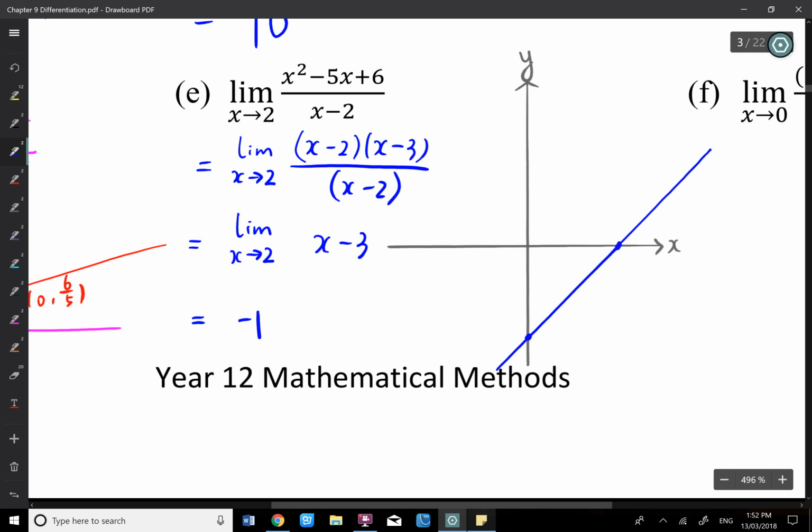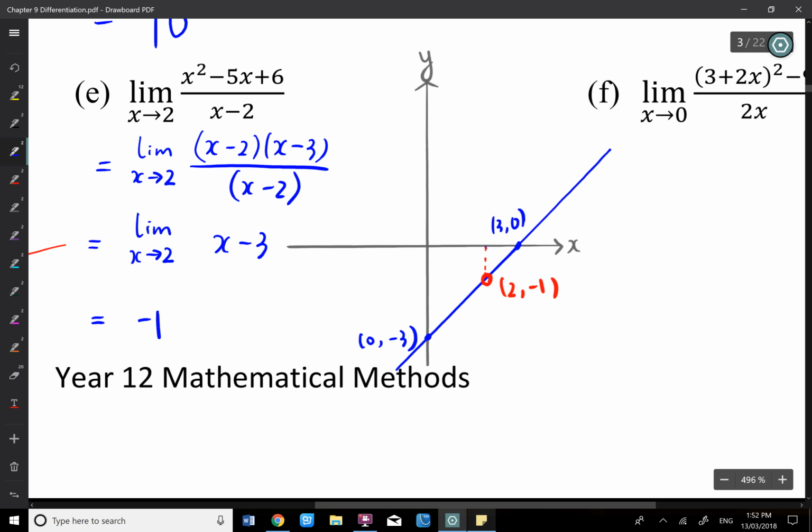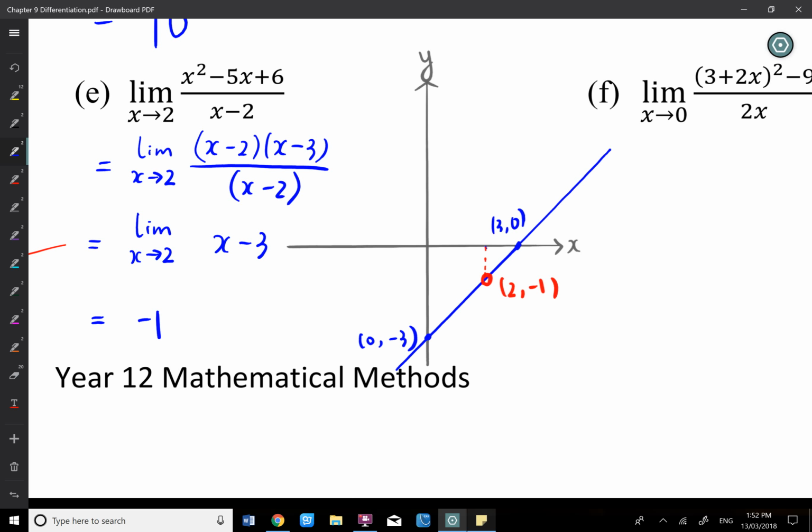Okay, like this, and at 2 is an open circle. This is an open circle at (2, -1). So that's how the graph looks for the top function. It is still linear, x minus 3, but the domain shows us x can't take 2. So 2 will be an open circle.